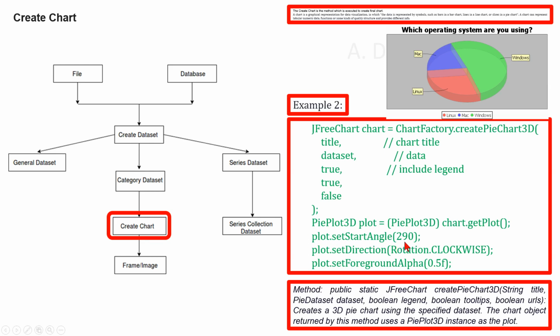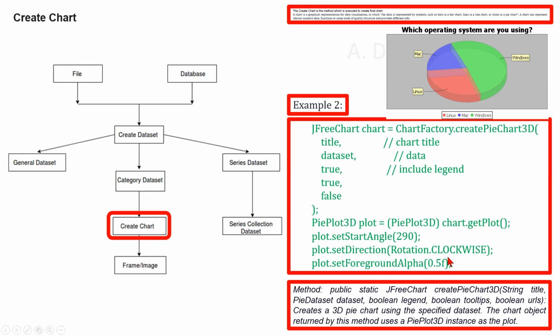Here you can see the parameters angle, the angle in degrees. The setDirection method sets the direction in which the pie sections are drawn and sends a plot change event to all registered listeners.